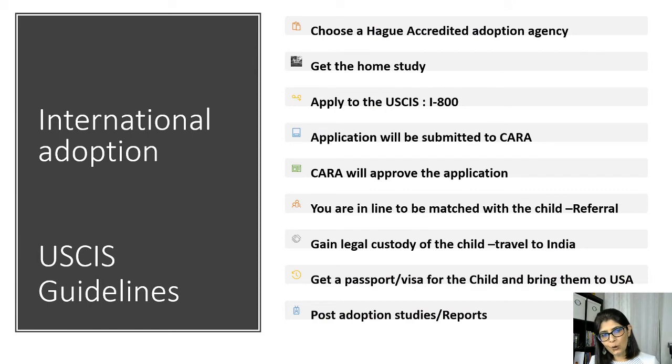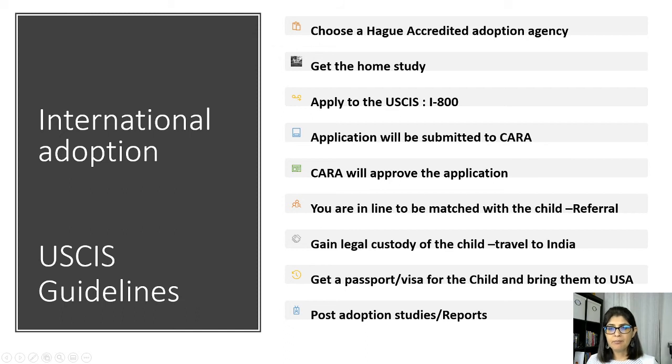Now, on USCIS, the guidelines are also very clearly published, and I will show you in the next video where to look for this information. They say that you should go to an adoption agency, get your home study, apply for I-800, then submit it to CARA. CARA will approve your application and then you're in line to be matched with a child, which we call referral.